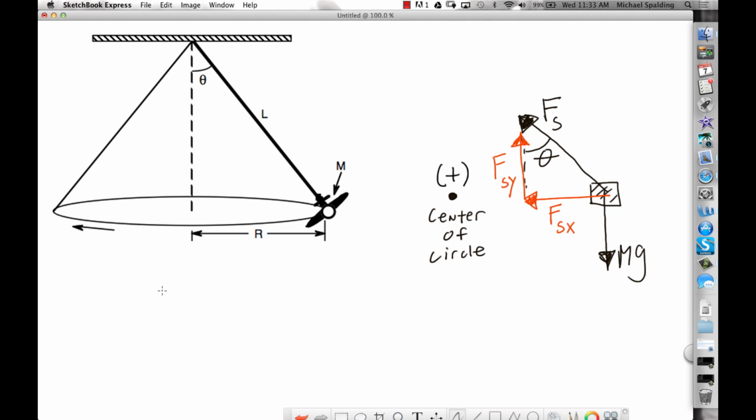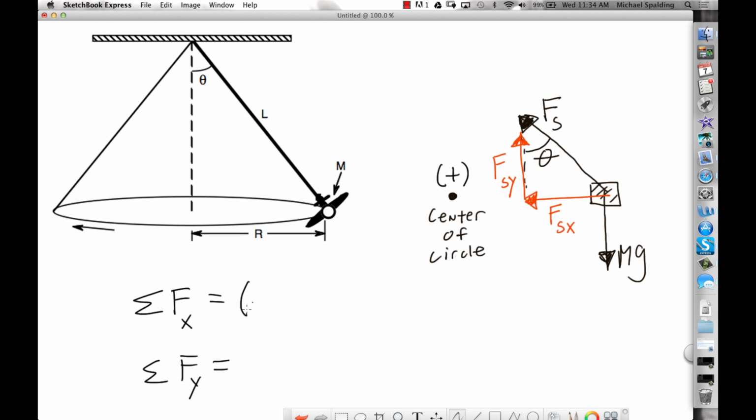Now, after the free body diagram, we sum forces x, we sum forces y. Okay? How many forces are in the x direction? Only one. This force right here, force of string x.